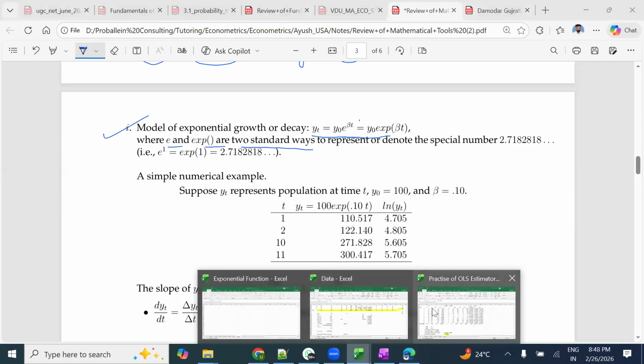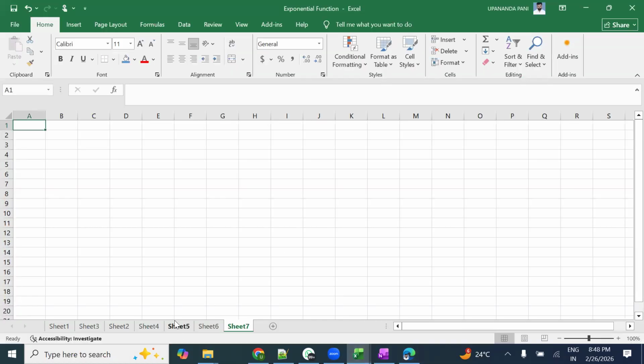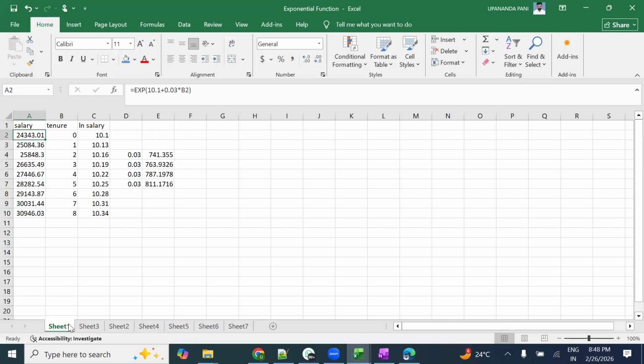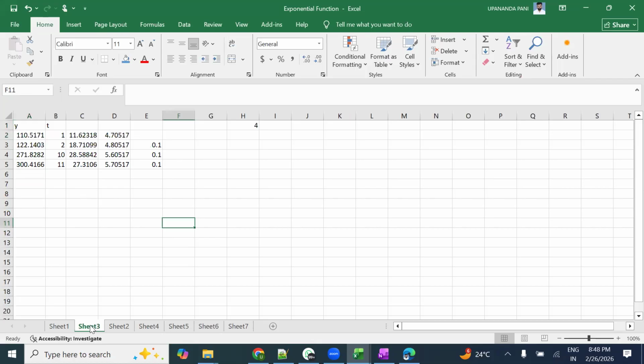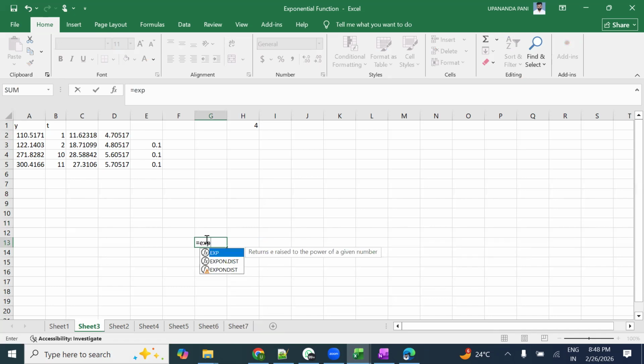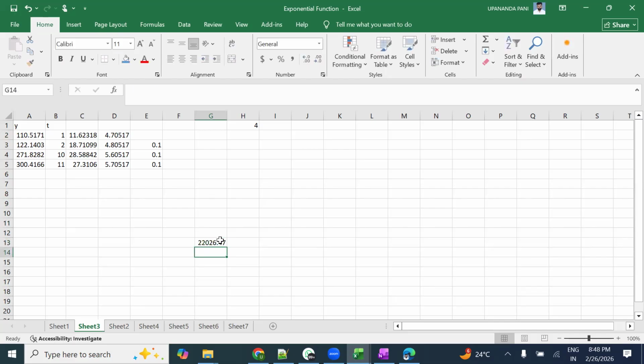Here you just go to Excel. Bhakti ma'am, you can see there is a function called the exponential function. Suppose I write 10, what is it giving?